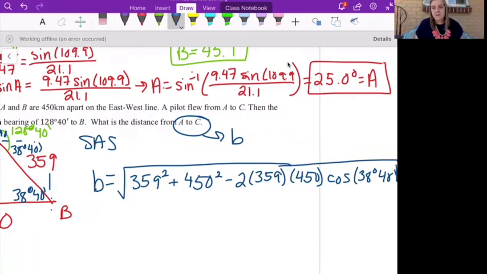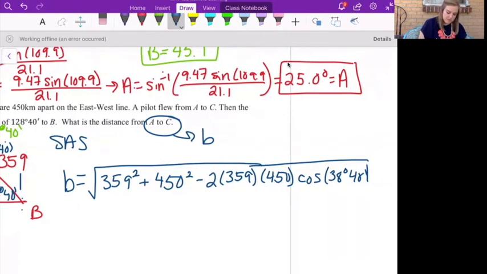So you would type all of that into your calculator, and then be sure that you remember to do the degrees and minutes. And so you should get that B is 281.3 kilometers.